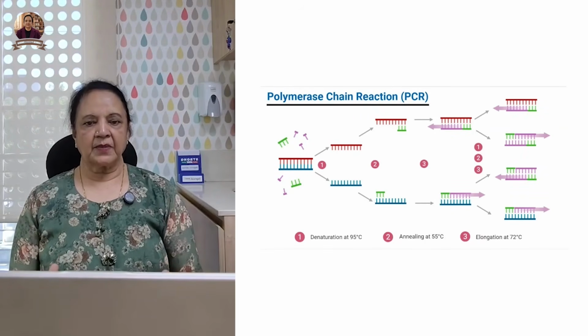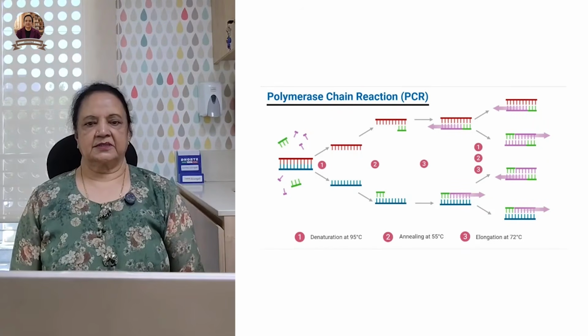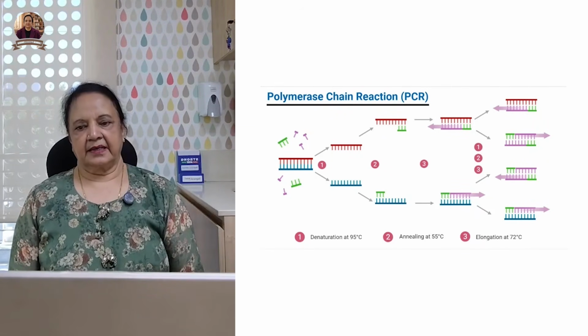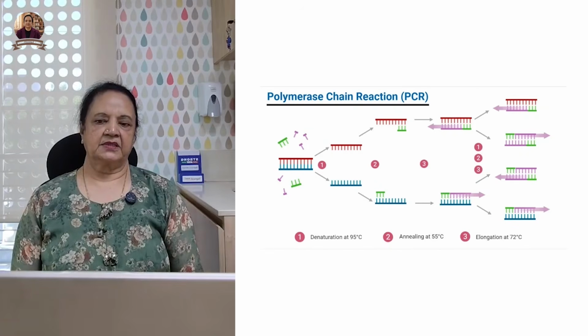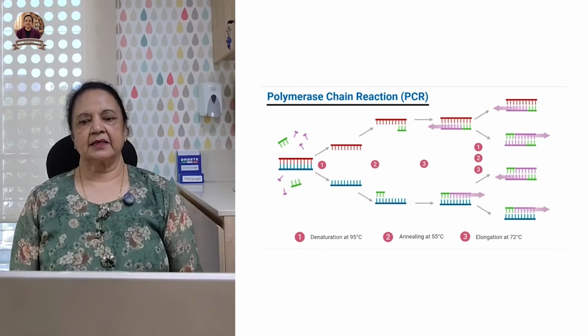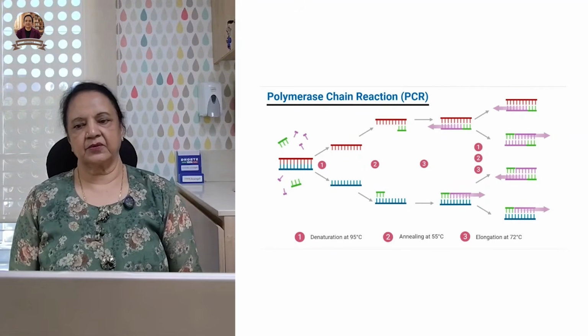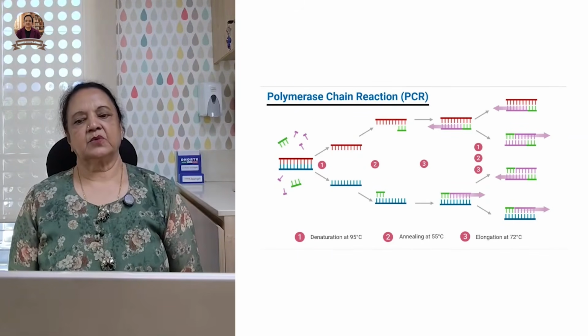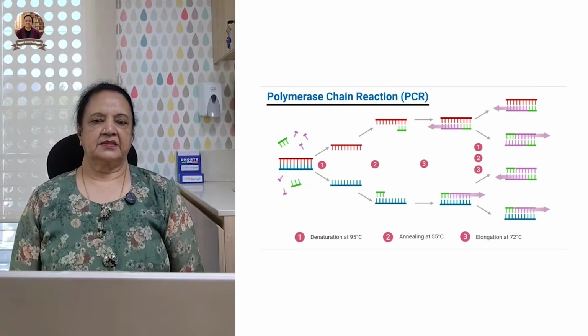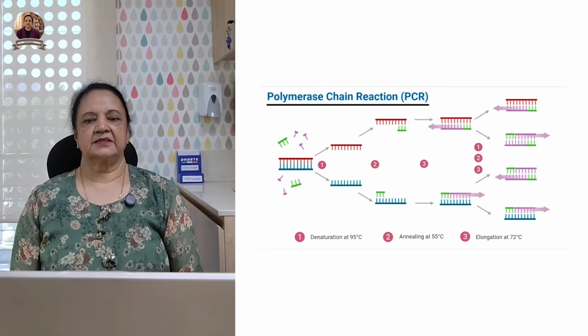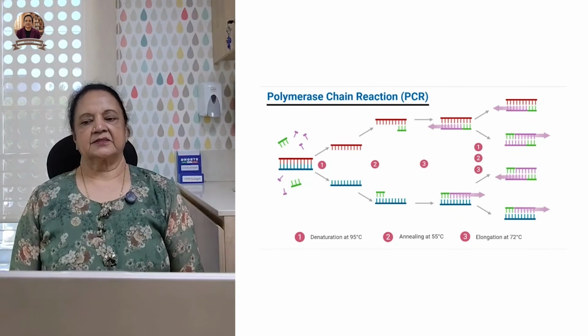It is an automated in vitro process. It requires a DNA template, two primers, short single-stranded DNA sequences complementary to the target region, a thermostable DNA polymerase, that is Taq polymerase, and nucleotides.